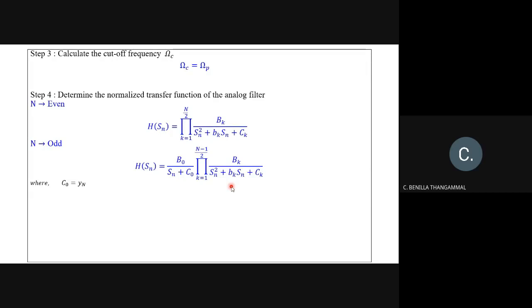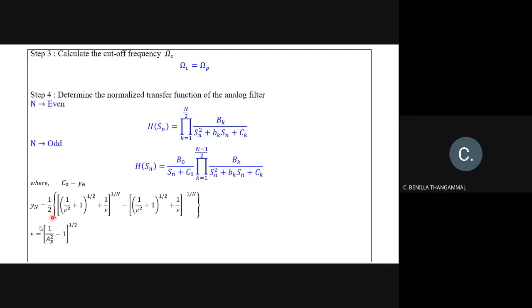So the formula for finding it: your c0 is equal to y suffix n, where n is nothing but the order of your filter. The y of n is given by 1 by 2 epsilon times [(1 + epsilon² + 1) whole power 1/2 plus 1/epsilon] power 1/n minus [(1/epsilon² + 1) power 1/2 plus 1/epsilon] power minus 1/n. Right? Here epsilon is obtained by the formula 1 divided by (Ap² − 1) whole power 1/2.